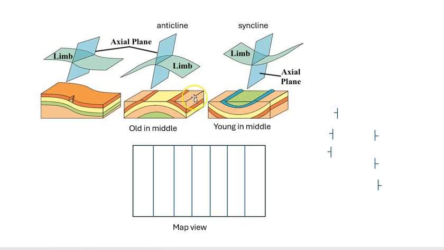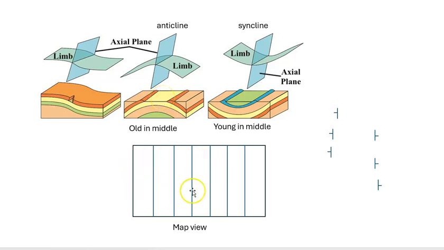What this is saying is this tan, it used to be connected. The dark tan and the light tan used to bow up and connect. But it's been eroded away. And it exposes older rocks. Because see this yellow? It's older than this brown. And so old is in the middle.